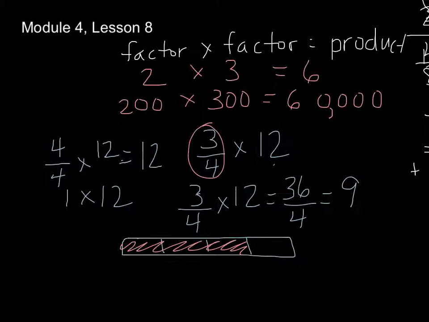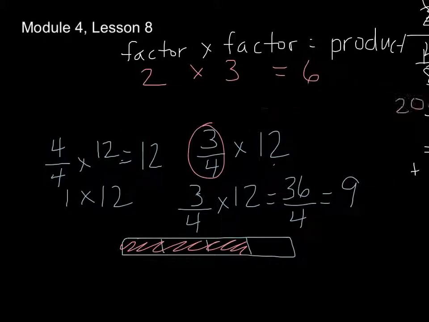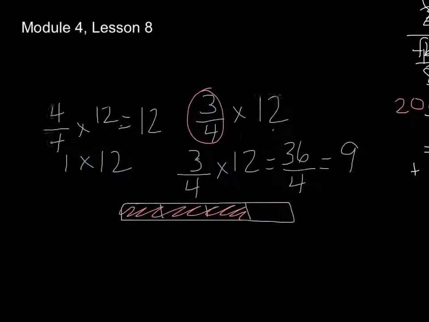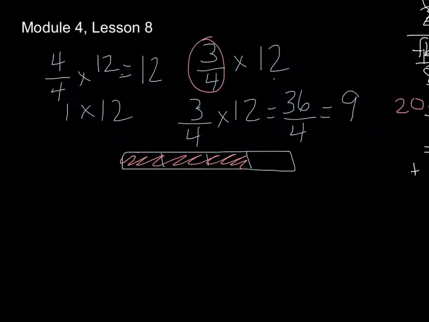Are you always going to get a smaller product when you're multiplying by a fraction? Well, let's try another one. I'm going to slide some of these out of the way here. Okay. Let's look at 5/4 times 12. Would anyone like to make a prediction? Will our product be 12, less than 12, or greater than 12?